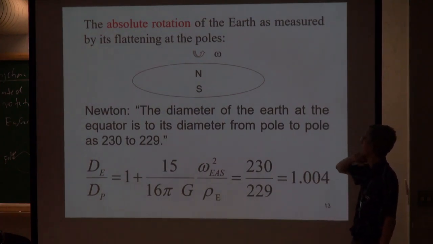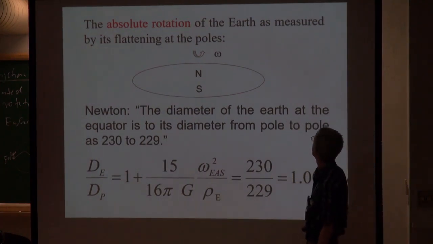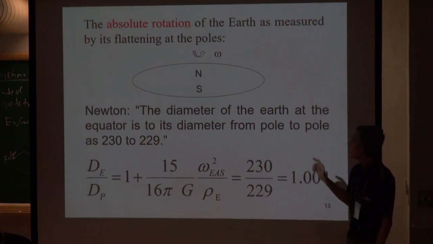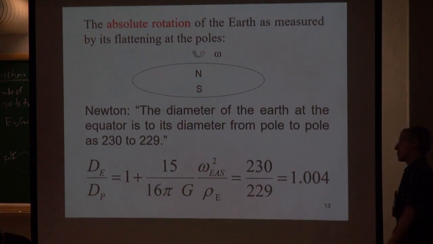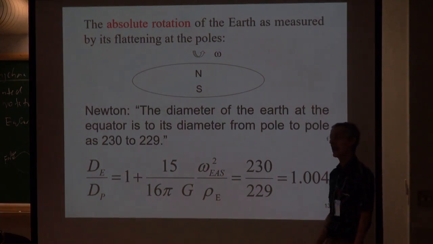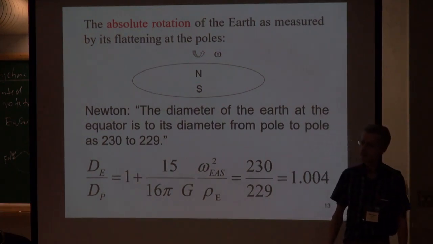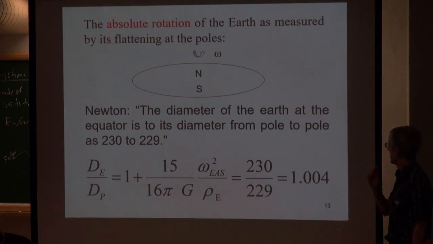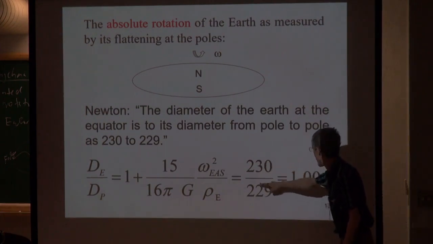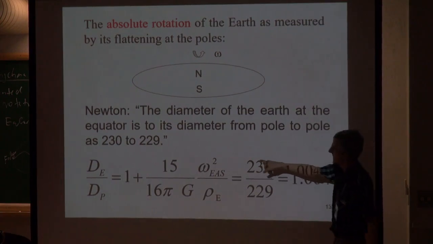These are the words by Newton in the Principia: the diameter of the Earth at the equator is to its diameter from pole to pole as 230 to 229. Very specific. So these are the numbers by Newton, and this is the result.